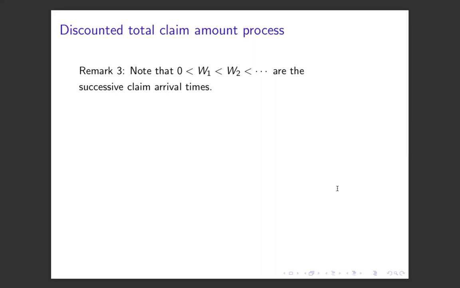And similarly, if you want 1 rupee to be available after time t, the amount you should have now on hand is e to the power minus R t into 1. In that context, it is called a discount rate. So that is why this is called discounted total claim.